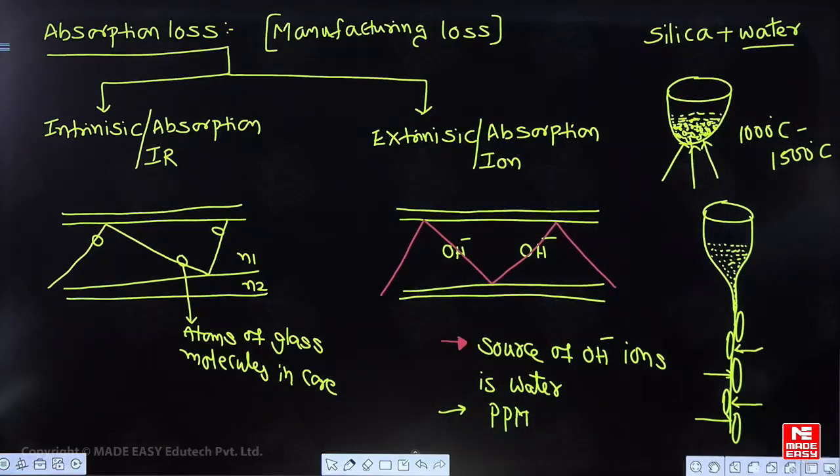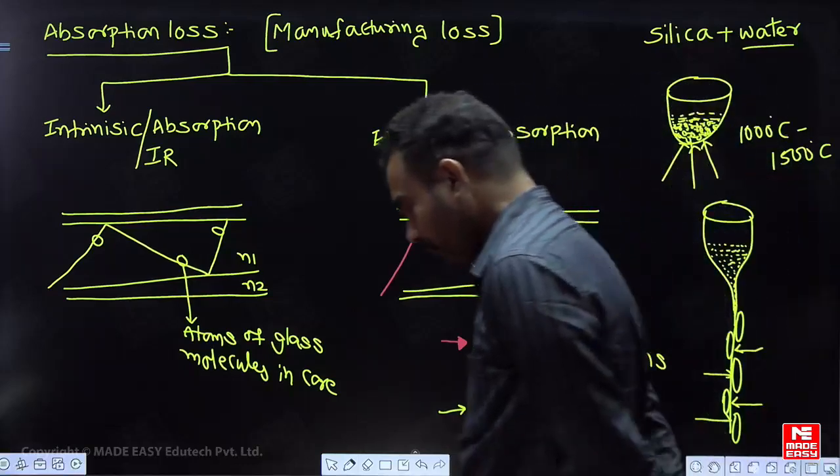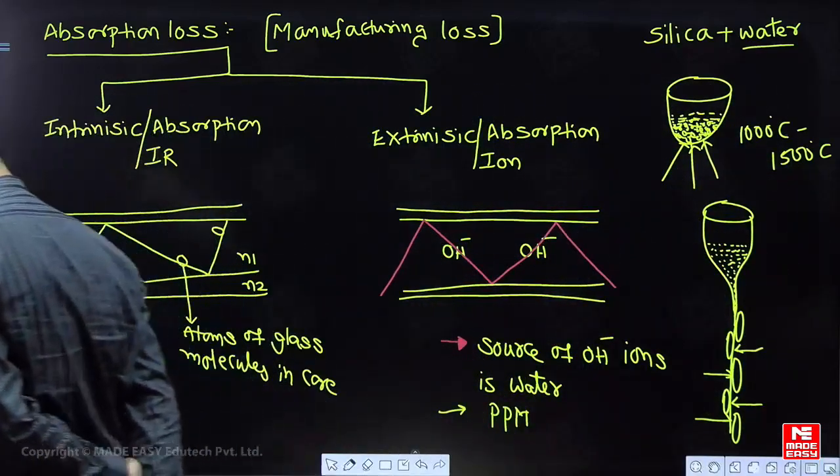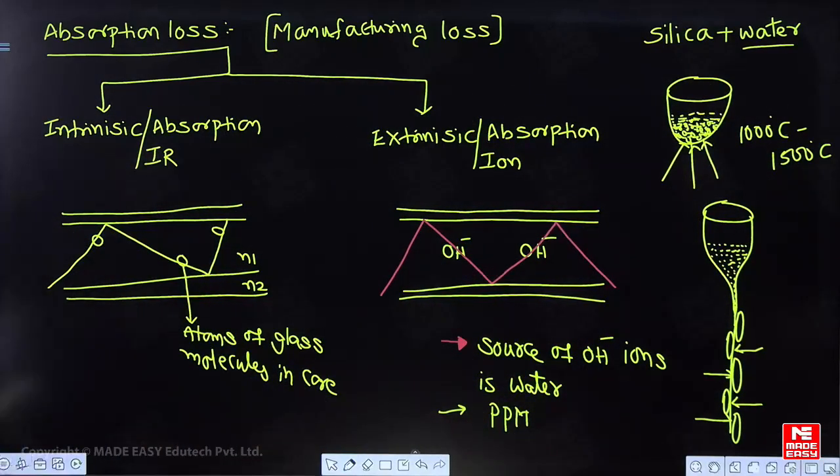Point number 2. Absorption loss is of two types.